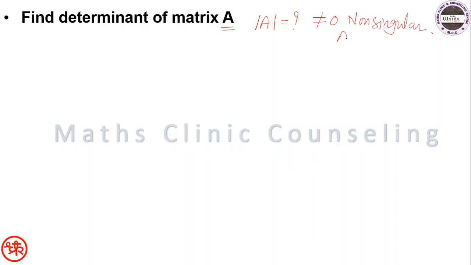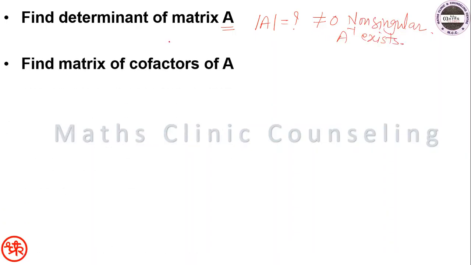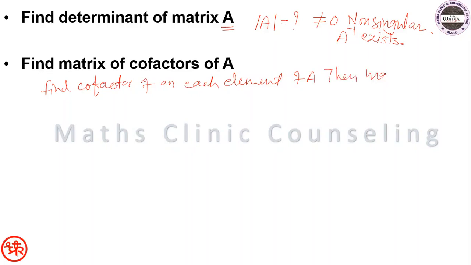And if it is non-singular, then only A inverse exists. Okay, so then find the matrix of cofactors, that is, find the cofactor of each element of A. Okay, and then the matrix of cofactors of A is equal to C. Is that clear?